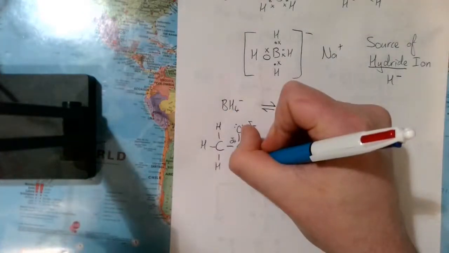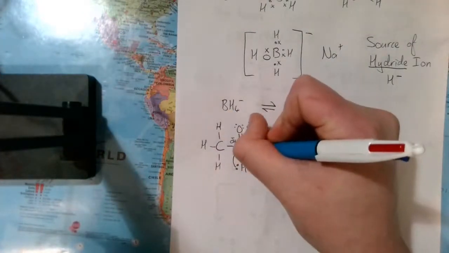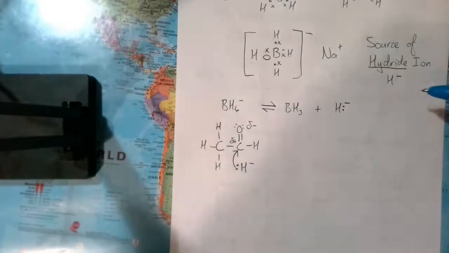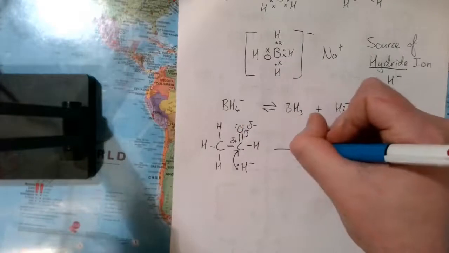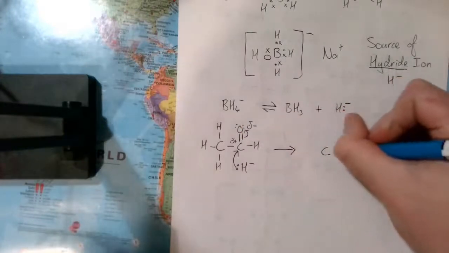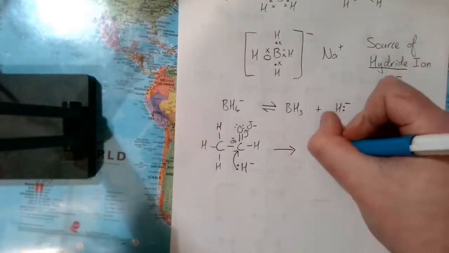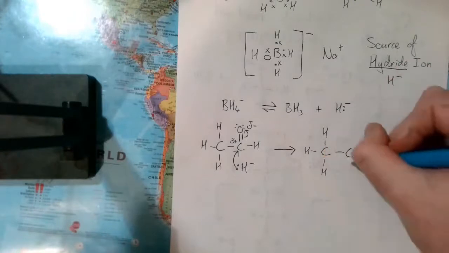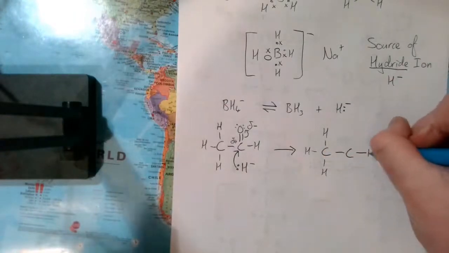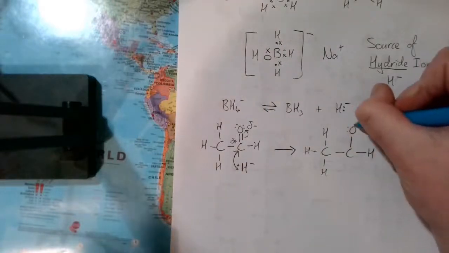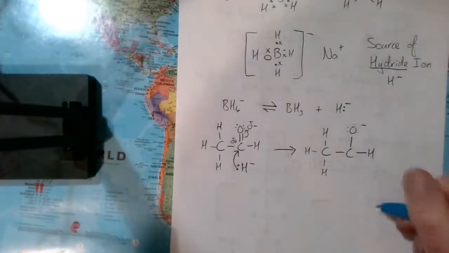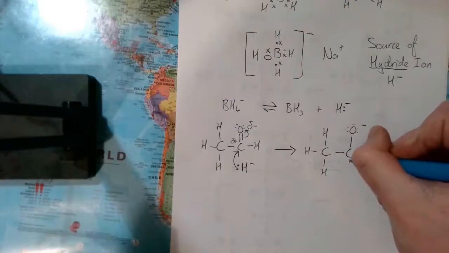Again, lone pair of electrons from the nucleophile attracted to the carbon, and we have this bond here breaking. And so drawing in everything that hasn't changed, the carbon with 3 hydrogens. To the left, the hydrogen that was present. Now, instead of the double bond, we have a single bond to oxygen, and the new bond that we've formed is a hydrogen there.